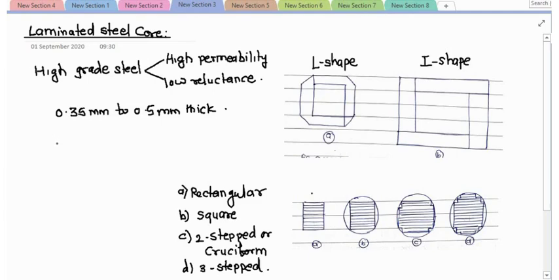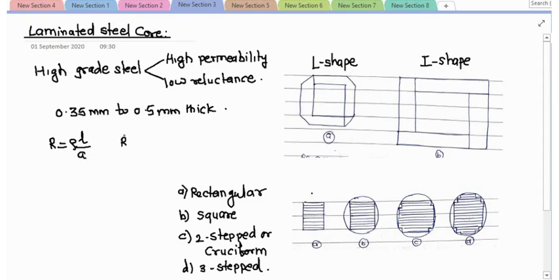As your core circuit is closed, this eddy EMF circulates the eddy current in the magnetic core. So if your core is made up of the solid material, then it has more cross-sectional area.